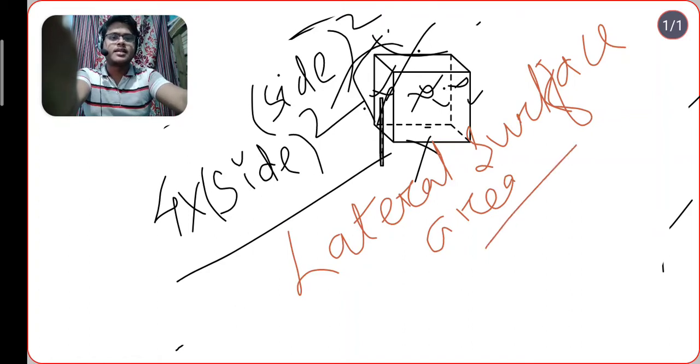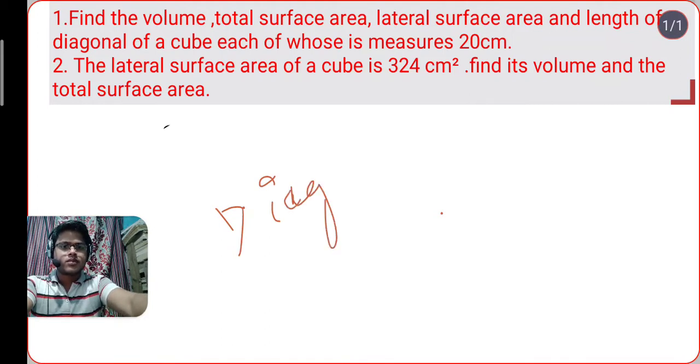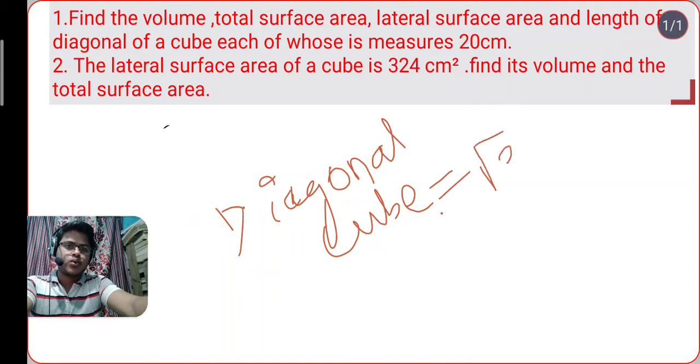On that basis, let's go for certain problems for your better understanding. Before solving the practice questions, one thing should be known, that is the diagonal of the cube. How do we calculate the diagonal of the cube? What formula do we have to follow? To calculate the diagonal of the cube, we follow the formula root 3 into side.